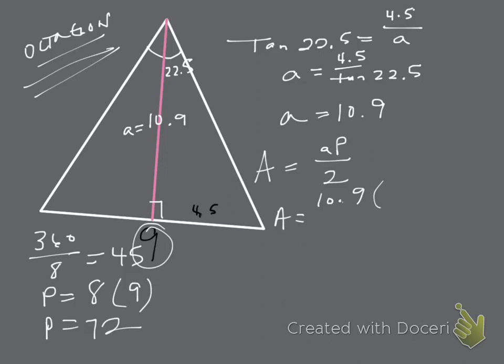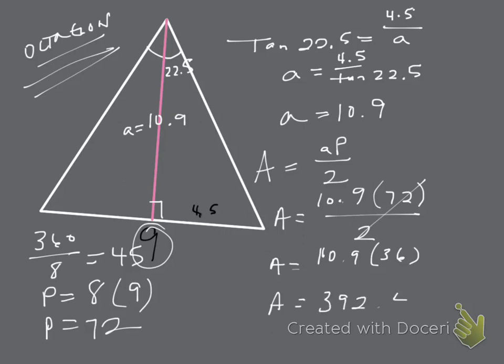Then I have 10.9 times 72 divided by 2. I like to reduce 72 divided by 2, so I would do 10.9 times 36. And then the area would equal roughly 392.4.